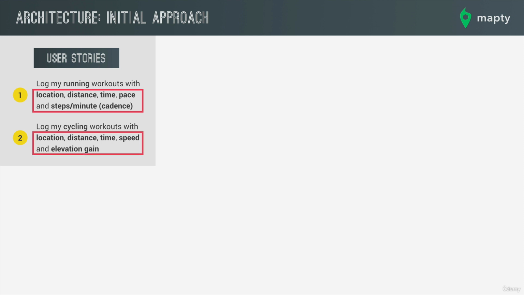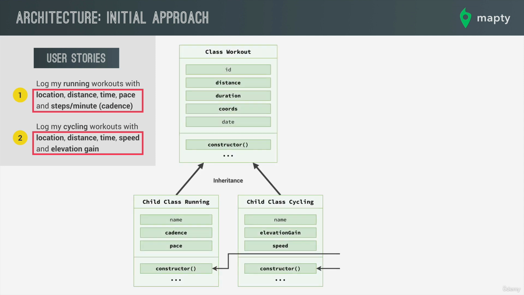So again, location, distance, time, and speed, but then also the elevation gain instead of the steps per minute. And so we will design our classes so that they can create objects that will hold this kind of data. And I believe that this is the best way of designing the classes to really fit our user stories.